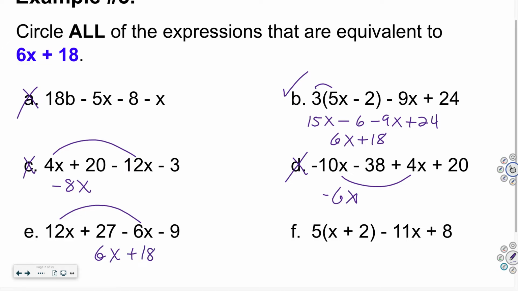That works. And here we'll have 5x, and that's minus 11. That equals negative 6x, so that won't work. So F won't work. Okay, so the ones that work here are B and E. Okay, B and E work for this example.